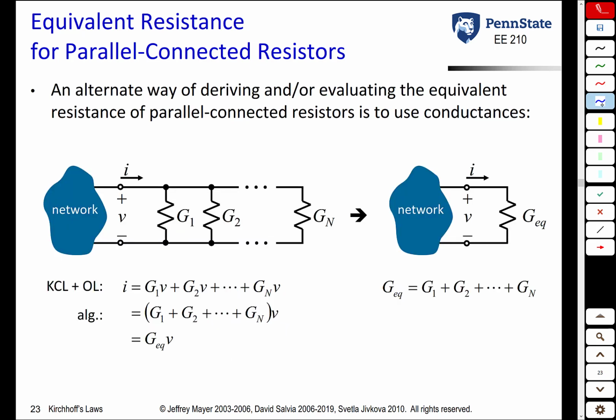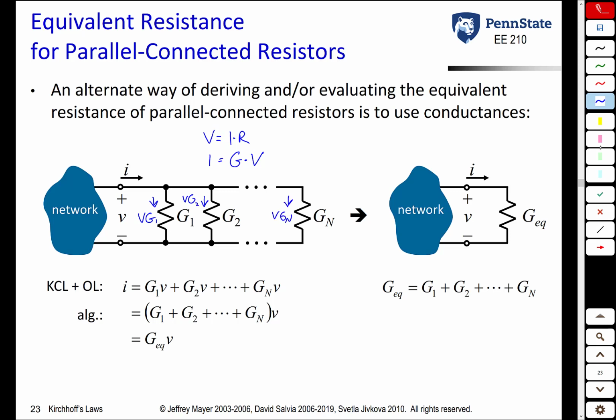Turns out, for resistors in parallel, you could get a simpler equation if you use conductances rather than resistances. If you remember from Ohm's law, V equals I times R, or I is G times V, where G is a conductance. So it turns out that this current is V times G1, this current is V times G2, this current is V times Gn.